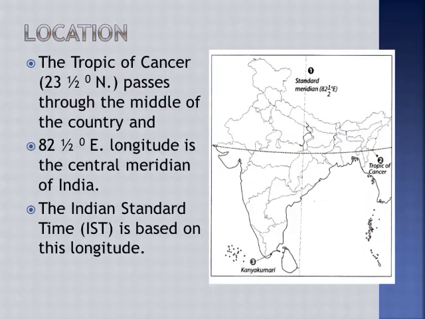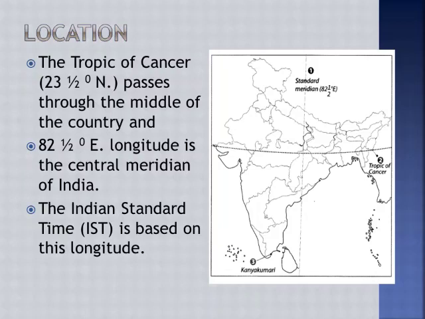The Tropic of Cancer passes through the middle of the country. The Tropic of Cancer, 23.5 degrees north, divides India into almost two equal halves, the northern part of India and the southern part of India. The 82.5 degree east longitude is the central meridian of India. The Indian Standard Time is based on this longitude.